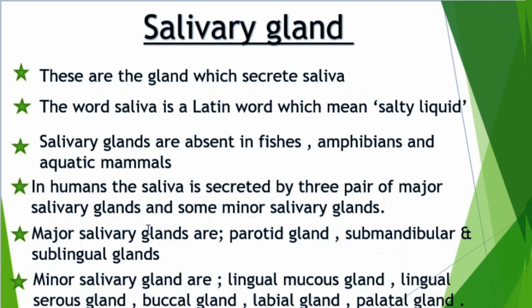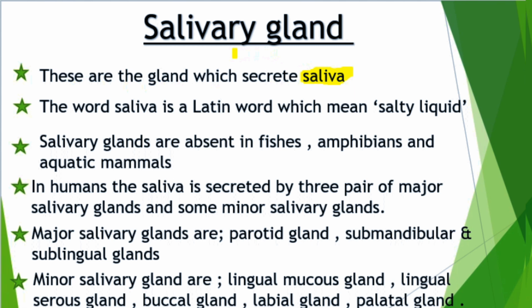The shortest definition is: the glands that are responsible to secrete saliva. Saliva is a liquid substance that is secreted by these glands. The glands responsible for the secretion of saliva are called salivary glands.